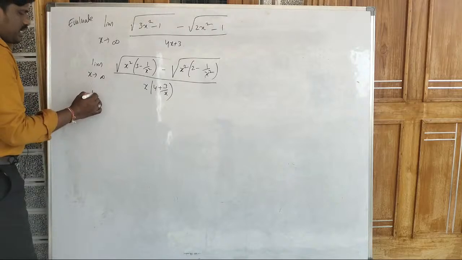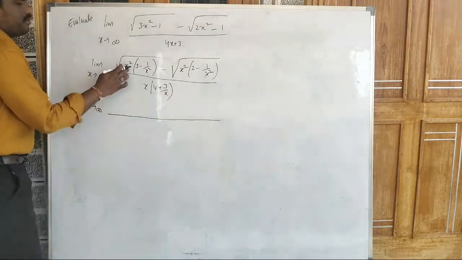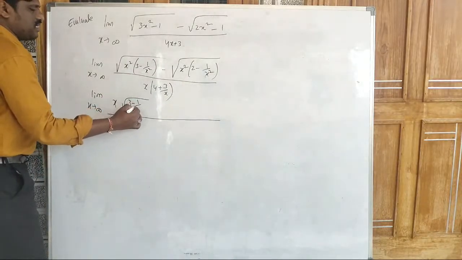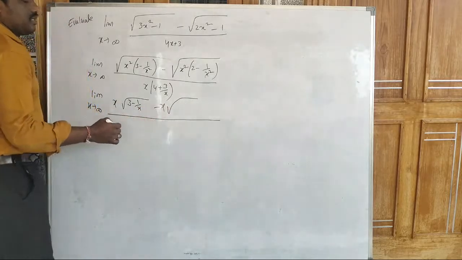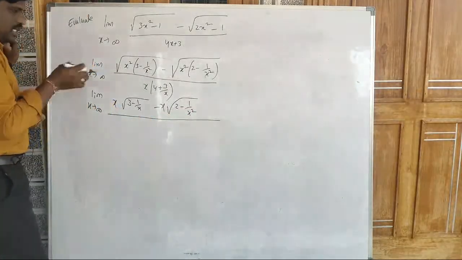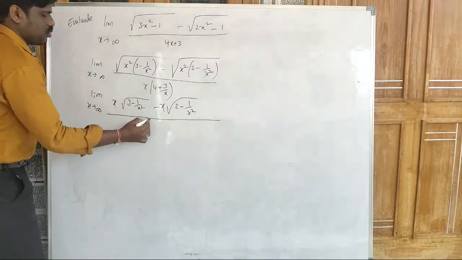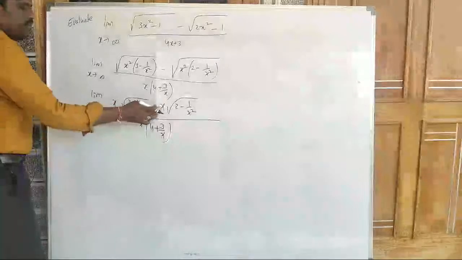See, therefore I get limit x tending to infinity. On the top, x square, x will come out. I get under root of 3 minus 1 by x square minus under root of 2 minus 1 by x square, divided by x into 4 plus 3 by x.